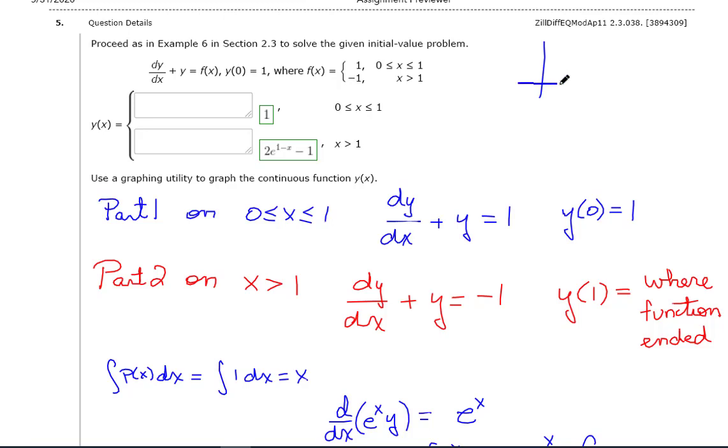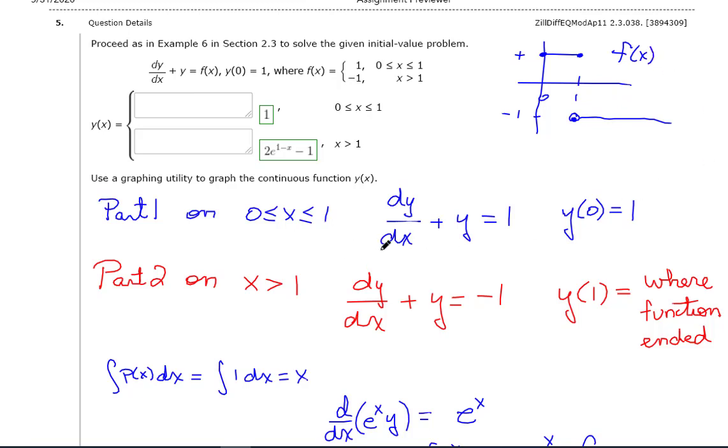All right, so looking at my driving function, it's 1 from 0 to 1, and then it flips to minus 1, open dot there, all the way forever, and this is at minus 1 plus 1. So here's my f of x.